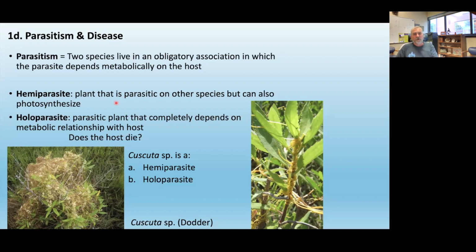Plus, they oftentimes don't have top-down controls, so they don't have predators that are consuming them in a way that controls their population. So they have a competitive advantage a lot of times against our native species. In this instance, though, dodder vine is parasitic, and it is considered a haloparasite. So it doesn't photosynthesize on its own. It depends on its relationship with the host, and it can kill those underlying species.